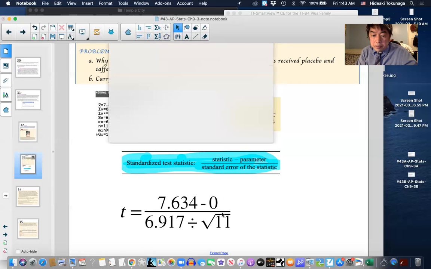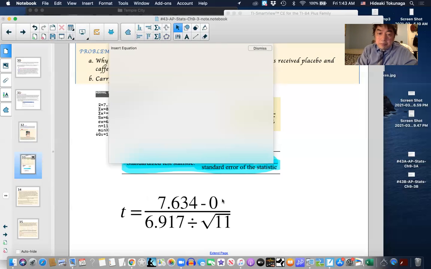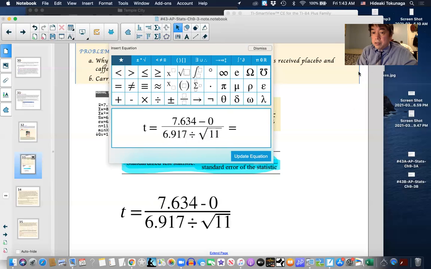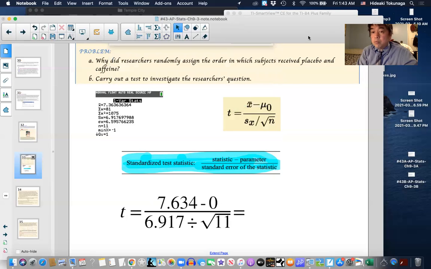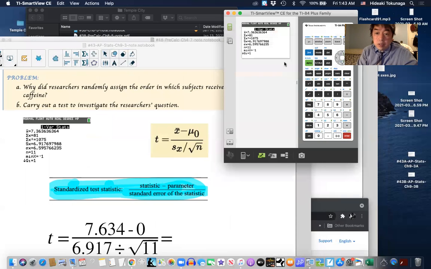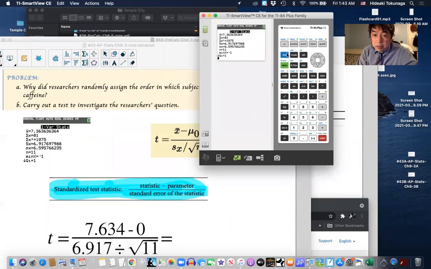Let me plug in this one. Let me put the equal sign. So the numerator is going to be 7.634 divided by, I put the bracket here, 6.917, another division, divided by the square root of 11.